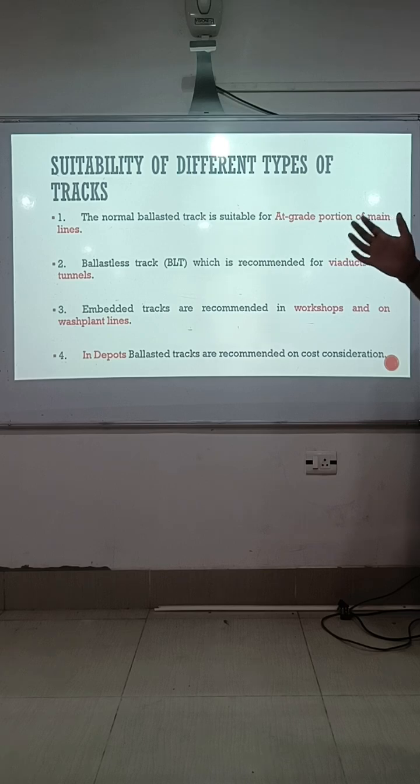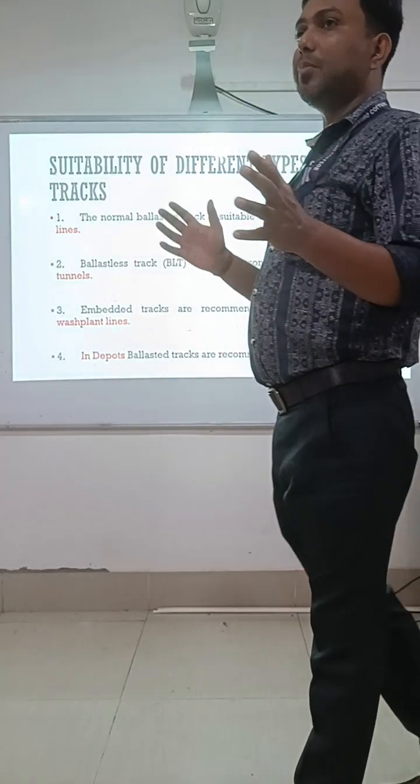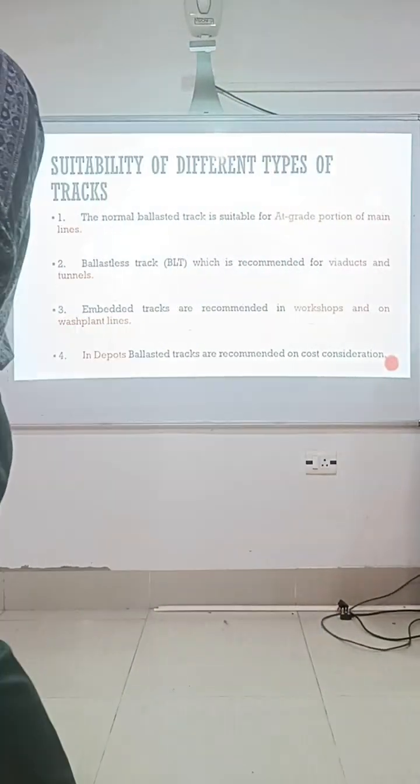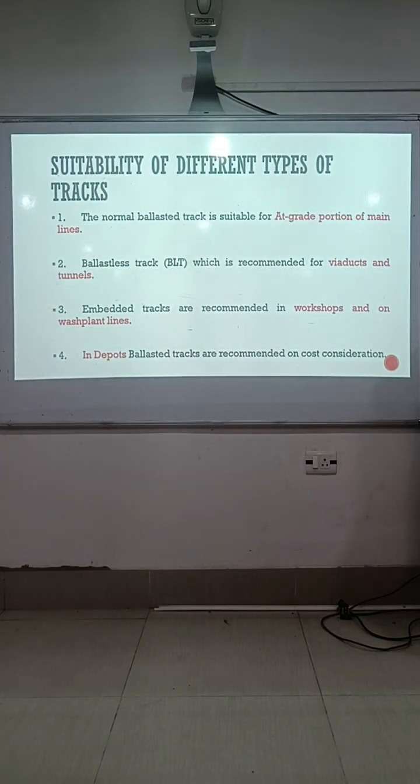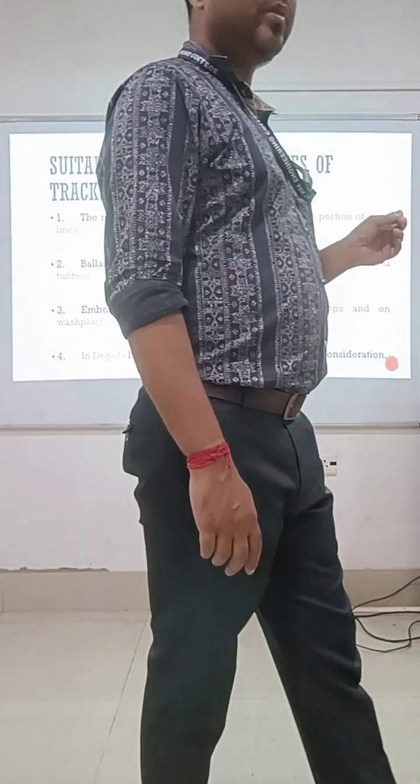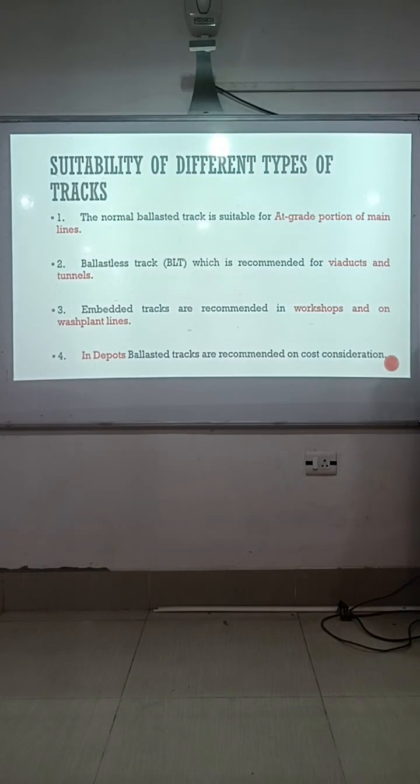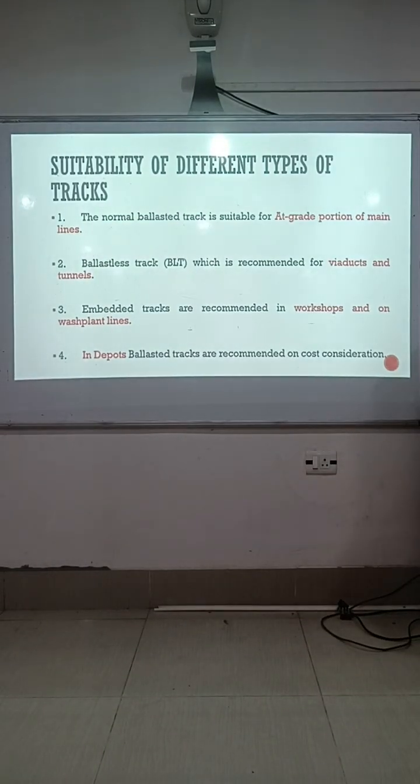Depot, coach depot, metro depot. There, the coaches or the bogies are only parked, like a car parking, like the metro parking. That is the depot. In the case of a depot, as the movement is very much lesser, the friction between the ballast and the wheel is much lower, and the vibration is much lower.